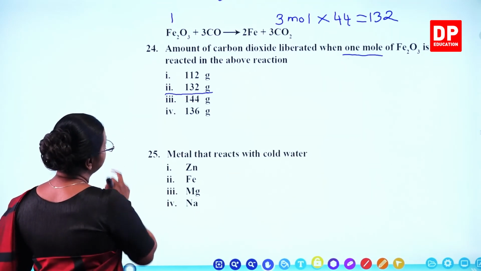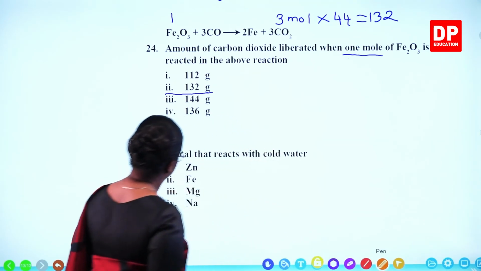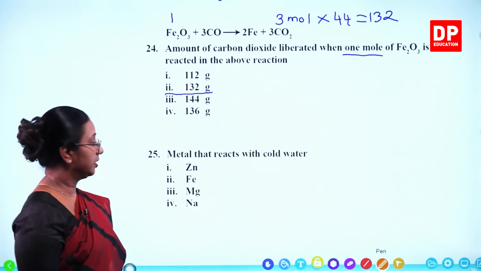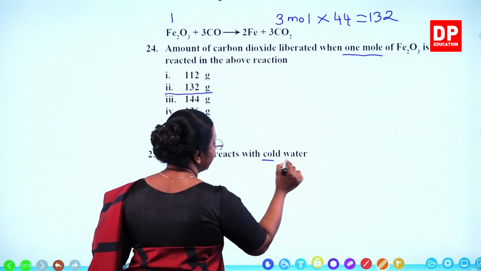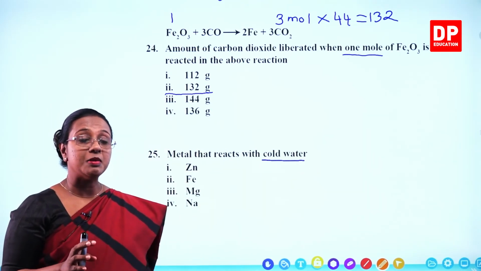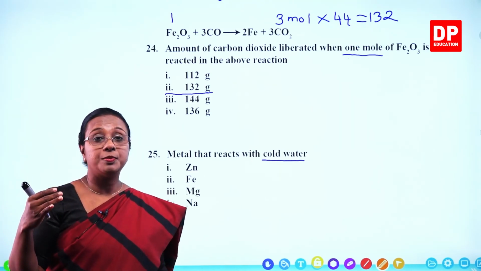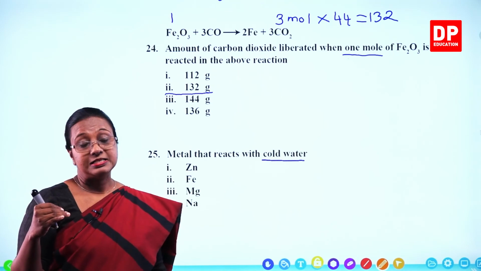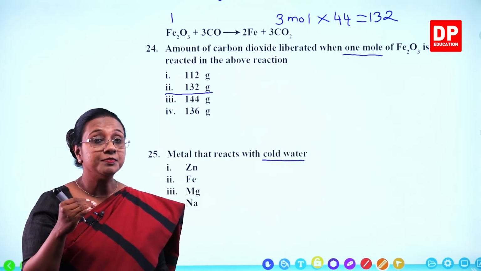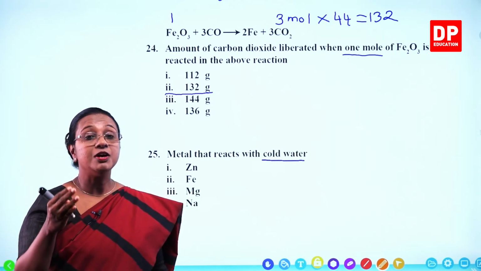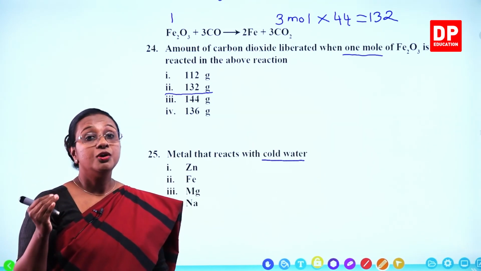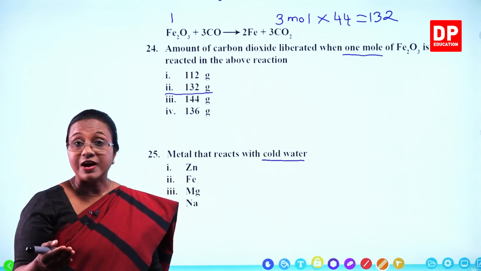Then question number 25. Metal that reacts with cold water. So, metal that reacts with cold water. You can remember the metals at the top. Potassium, sodium, calcium, magnesium. Now, potassium is highly reactive. Sodium is also reactive. When we put sodium into water, you all know it is a violent reaction.